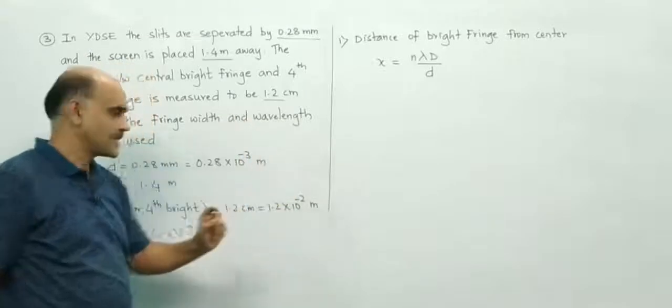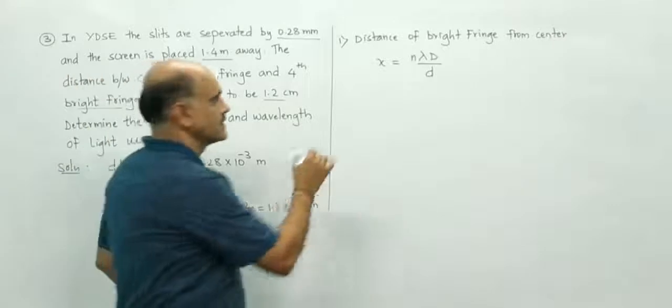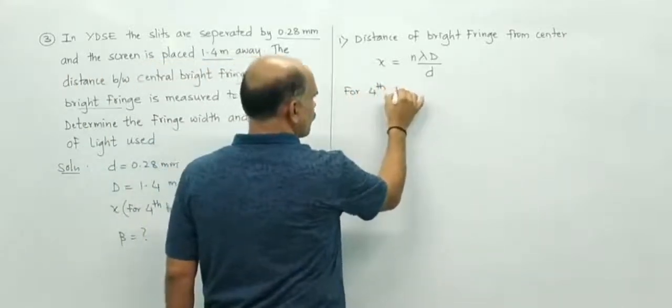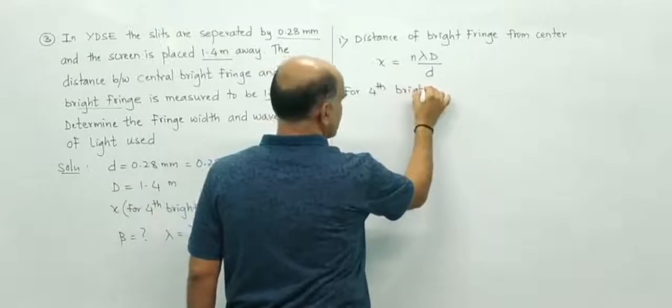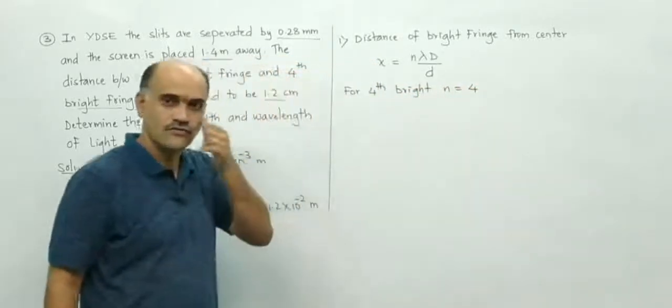So whichever bright he asks, we take the value of n for that bright. For fourth bright, n is equal to 4.